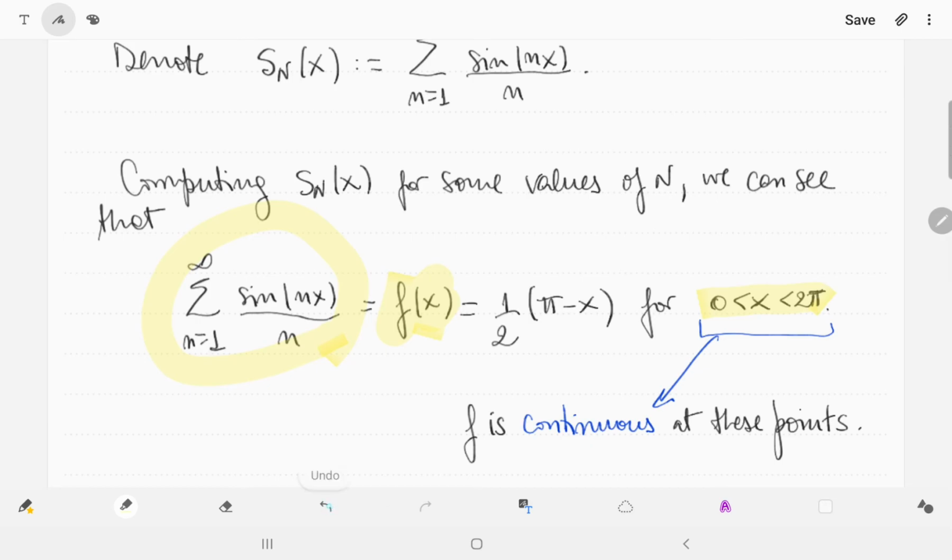And this interval contains the points where f is continuous. So we can say that we have this identity when x is between 0 and 2 pi, strictly speaking.